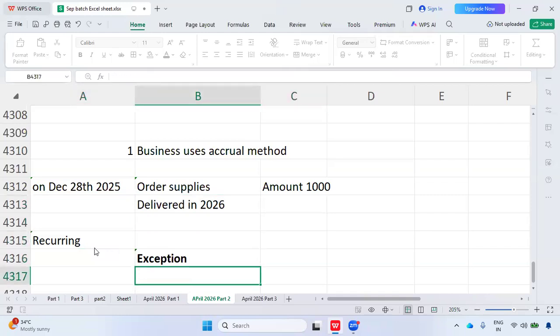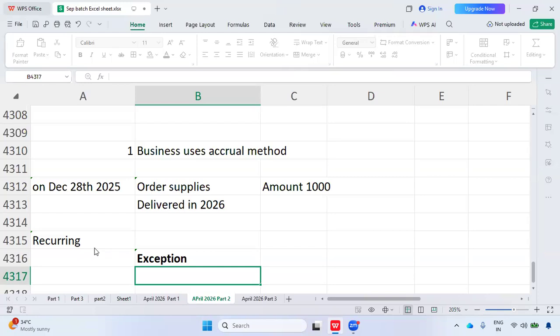Okay. So economic performance can happen in the next year as well, but for that we need to see a couple of conditions, right? Economic performance should happen within 8.5 months after the end of the tax year.